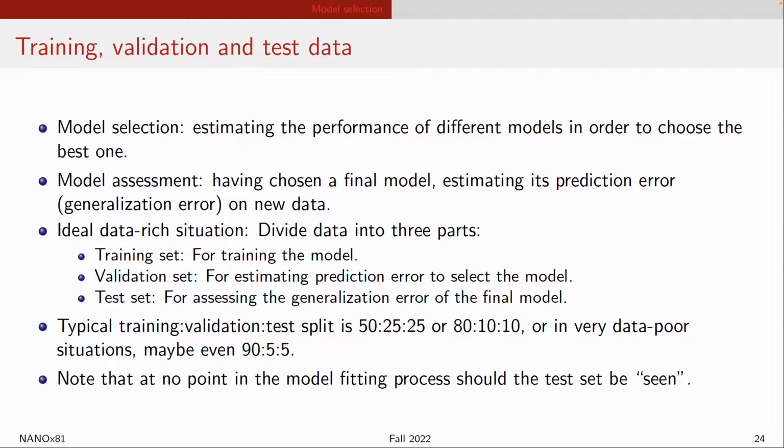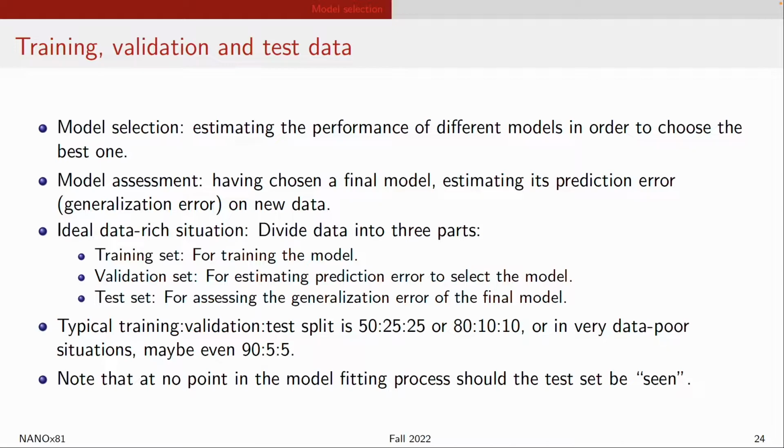And after using the training and validation set, you will choose what the best model is, right? And finally, you have your test set, which you would use to calculate your expected generalization error of your final model. Okay? Now, there's no rigorous way of saying what should be the split of your training, validation, and test data.